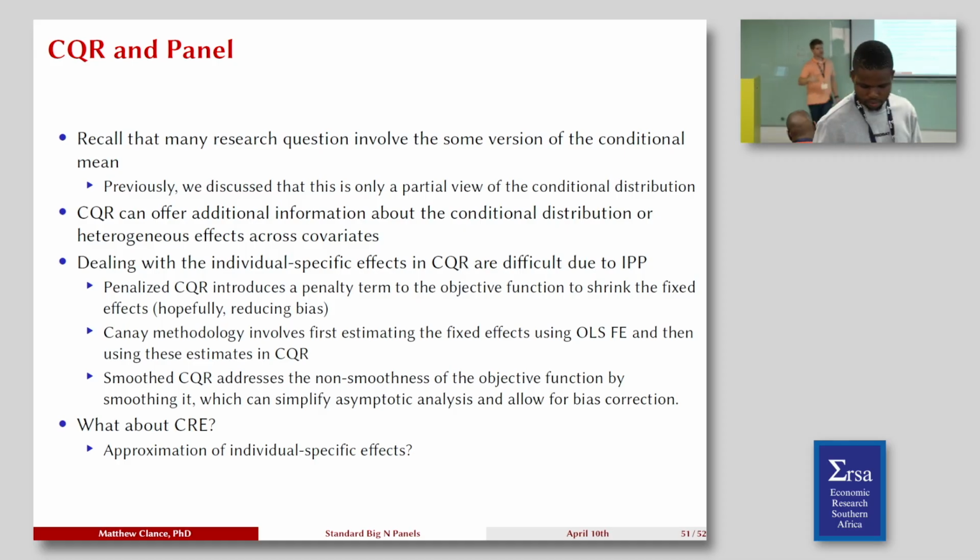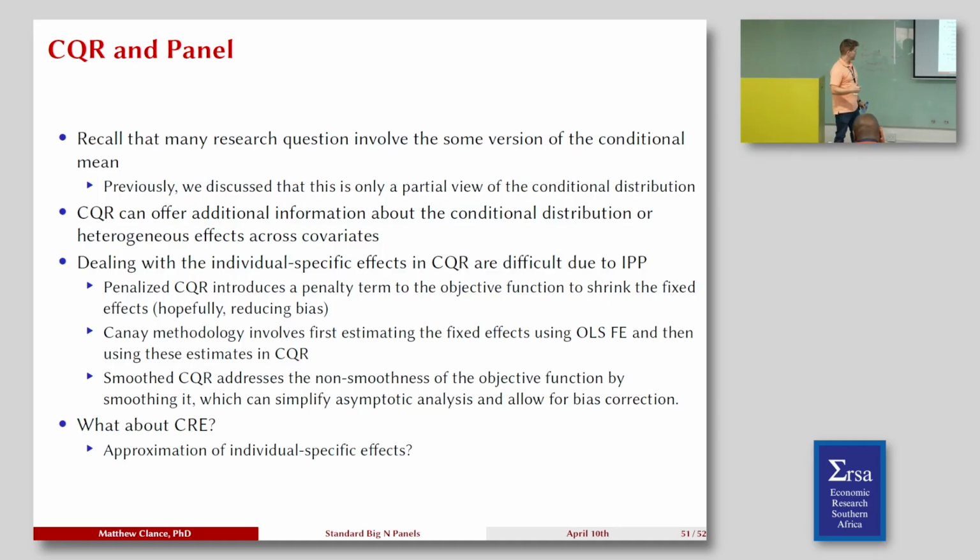So we're introducing a penalty to that objective function. And that penalty is hopefully helping us reduce or shrink what we refer to as the fixed effects, or reducing the bias. So that's one version of this.